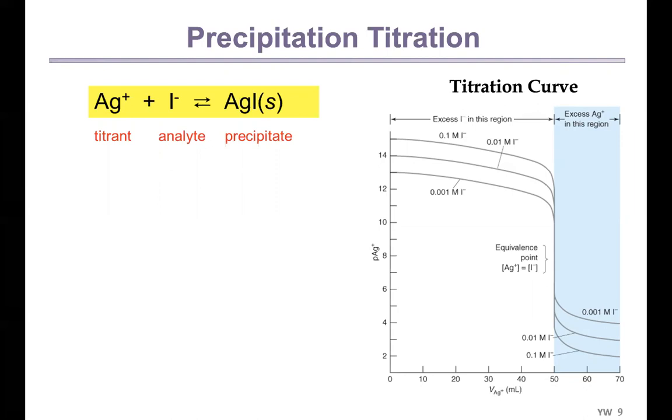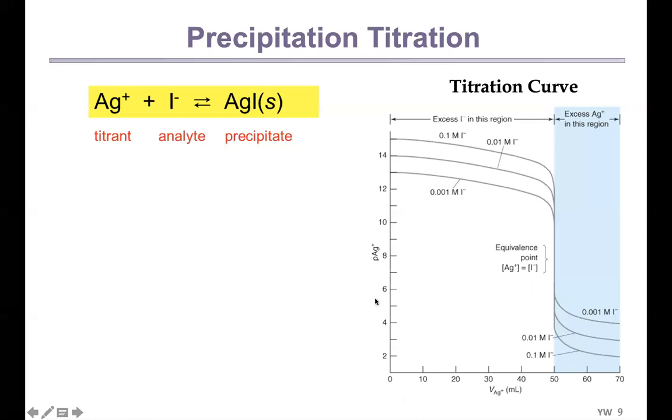Okay. Anyway, we know that when you're doing titration, you can draw a titration curve, right? And in the precipitation titration case, you can also draw a titration curve. What we have here is the x-axis is the volume of silver ion added to the solution. So remember, silver is your titrant. So the x-axis is the volume of titrant you added to the solution.